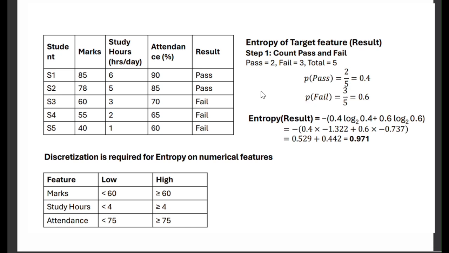Now the entropy of result is calculated as minus summation of pi log pi to the base 2. Now we will calculate the entropy for the result according to these probabilities, and we will get the entropy of the result as 0.971.